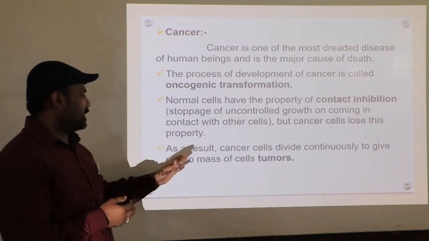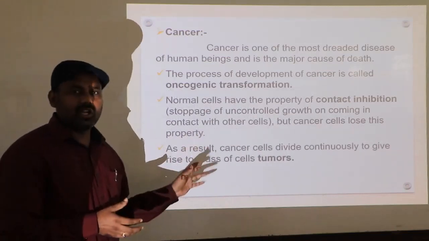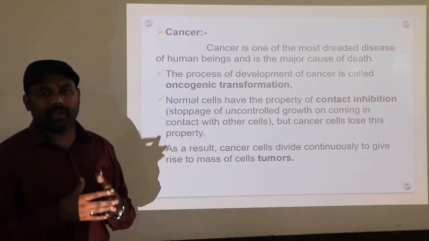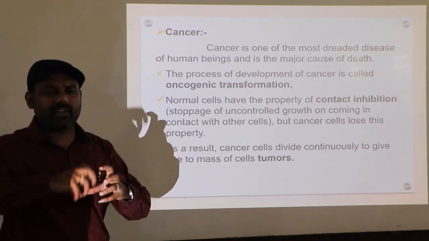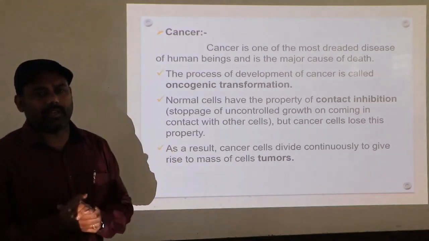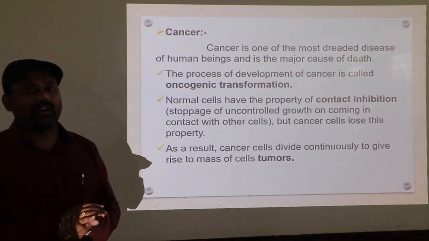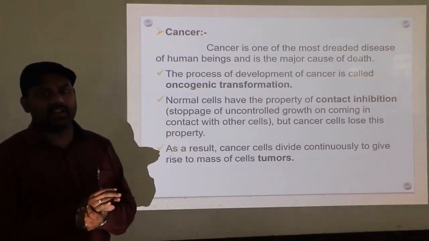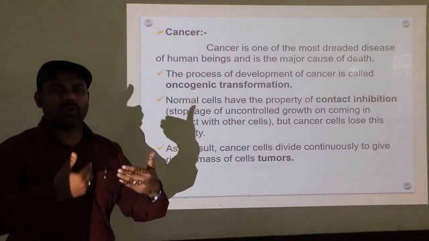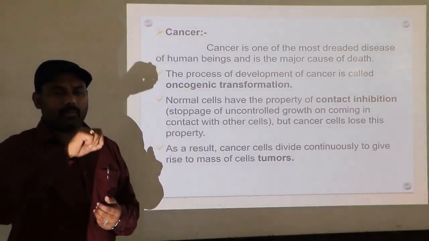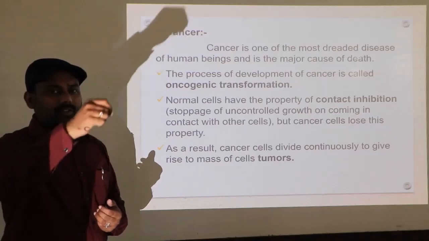As a result, those cells will not be controlled by the body, by genes or by DNA, so they will have continuous rapid multiplication without any regulation. As we discussed in first year in the cell cycle, each and every cell has its own regulatory mechanism, isn't it? Prophase, metaphase, anaphase, telophase.